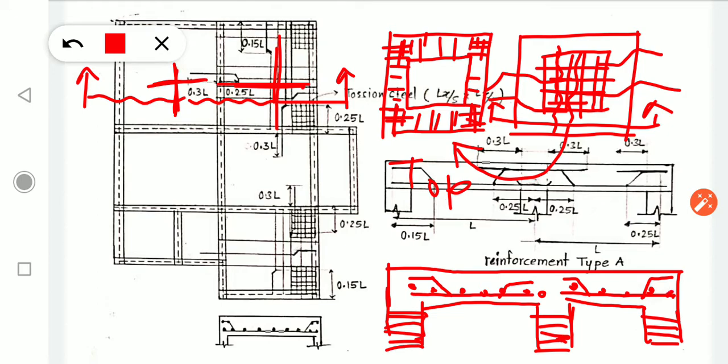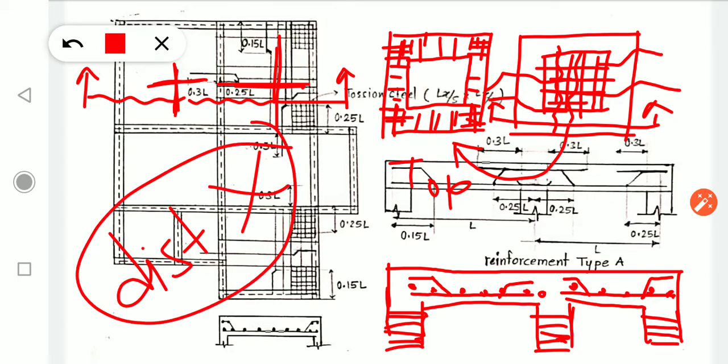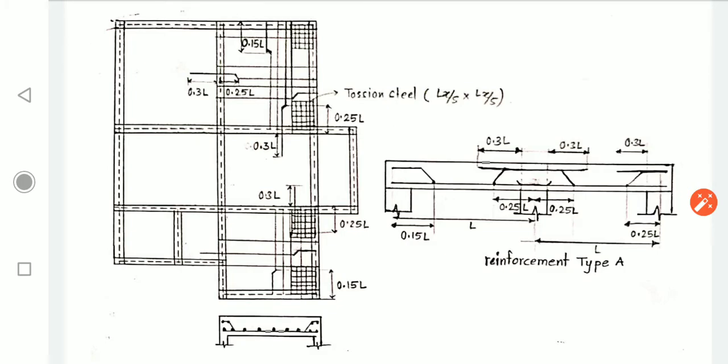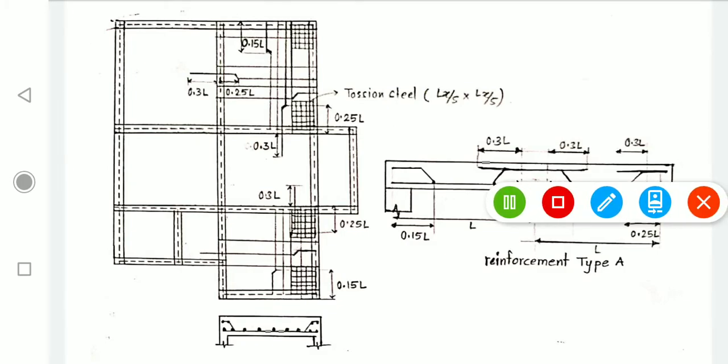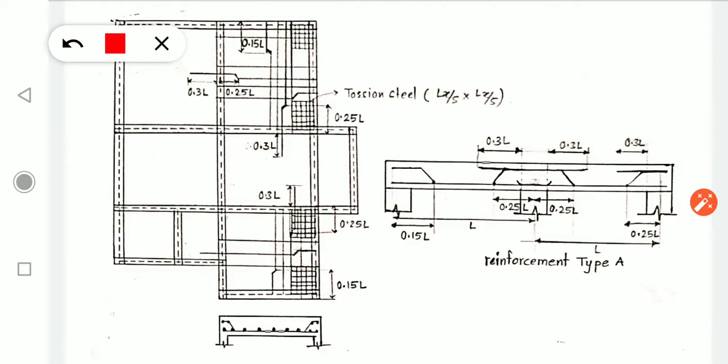That is also a main reinforcement in LX or LY direction, whichever the direction is, because you must remember that in a two-way slab reinforcement is always provided in both directions, and that is main reinforcement only. In a two-way slab we don't give distribution steel. Understood? Until here everything is clear to you. Now let's understand this new thing, what is happening over here.